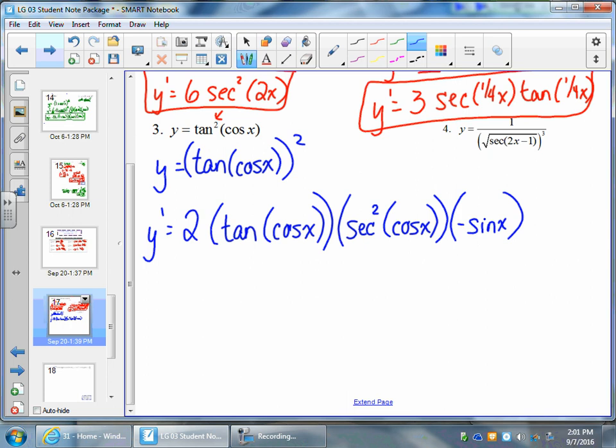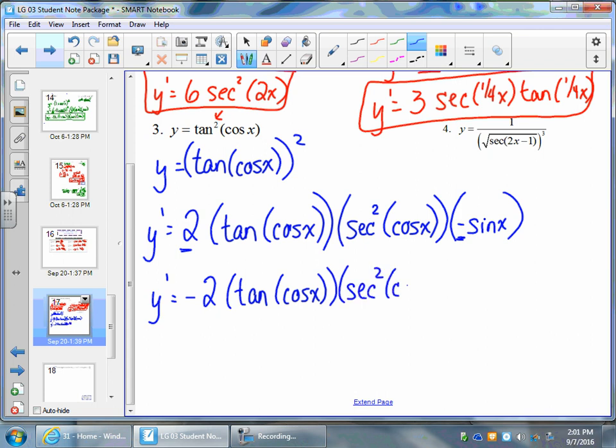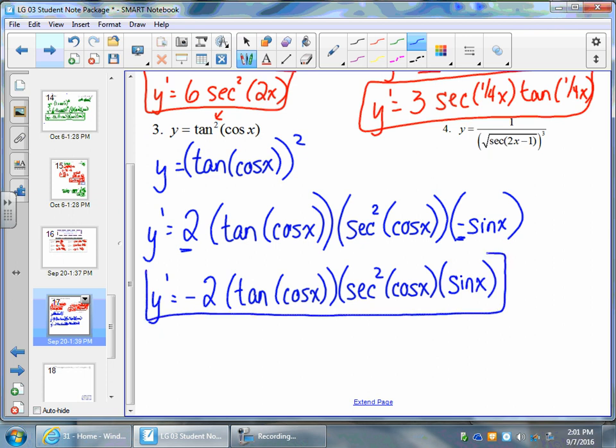The only thing that we can really do here is move that negative to be with the 2. So I would just say negative 2 tan of cos x times secant squared of cos x times sine of x. Okay? Kind of a big, long, crazy one.